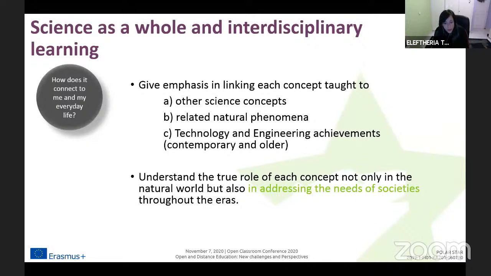And that will help our students understand the true role of each concept, not just when it comes to phenomena in the natural world, but also when it comes to addressing the needs of societies, not just contemporary societies, but also throughout the years.